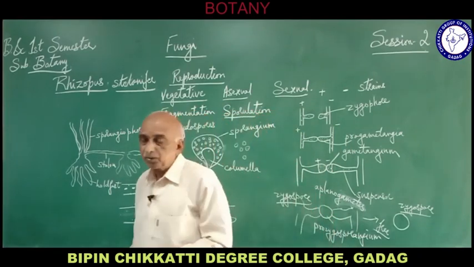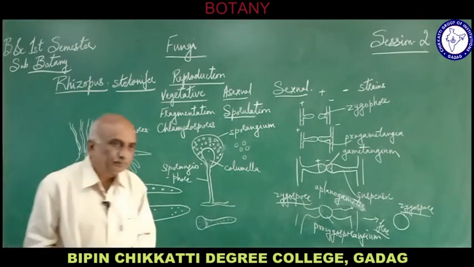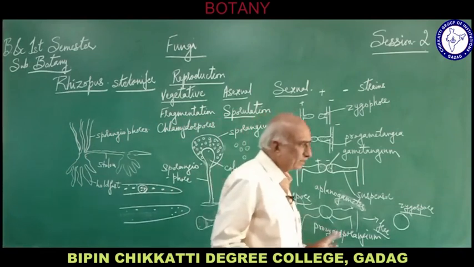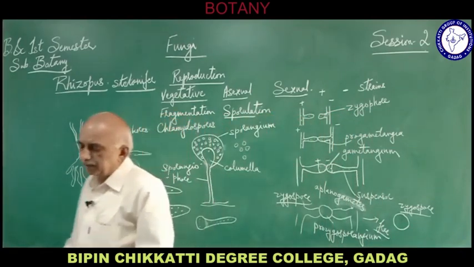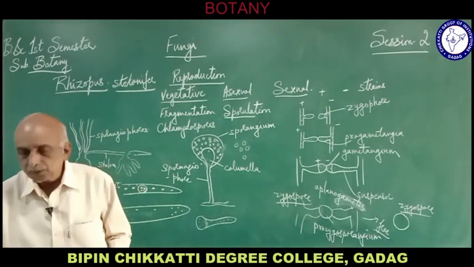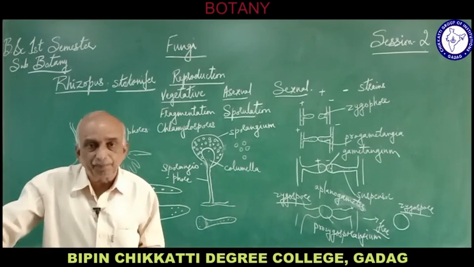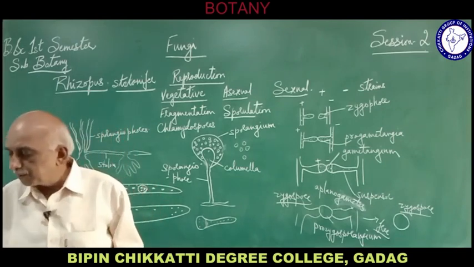When it is set free, it undergoes a period of rest. That means suddenly it will not develop into the next stage. So when suitable conditions arrive, the germination of this zygospore takes place.